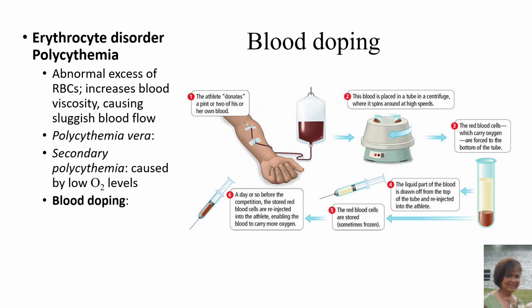Polycythemia means abnormal or excessive red blood cells. You might think this is good because you're going to have lots of oxygen carriers around, but it makes your blood so thick, so viscous, and so sluggish that it can lead to a heart attack or clotting, or thrombi formation, and it can actually be fatal.